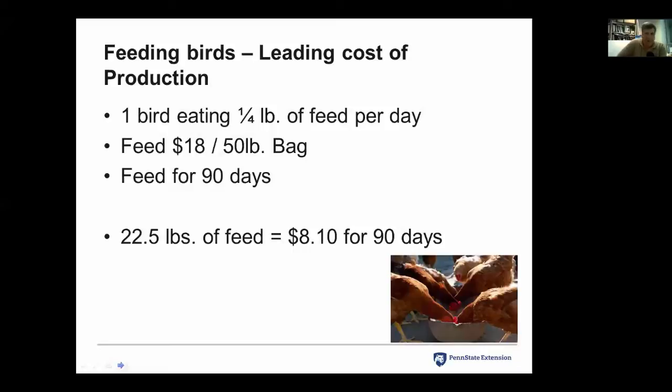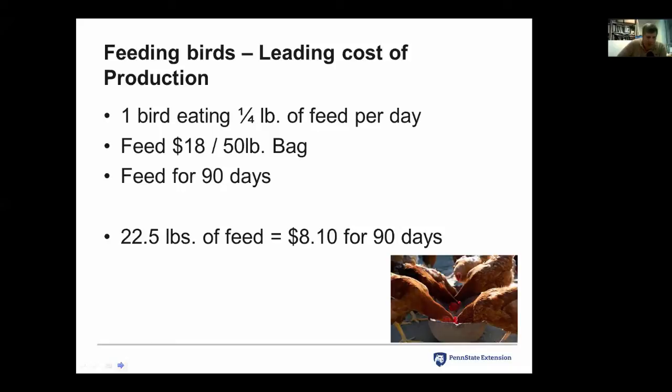So to put some dollars and cents to this too, what if I had birds that weren't laying eggs? They were continuing to eat fine, they were mobile, they're walking around, but for some reason or another they went broody and they're not laying any eggs at all. This could be a flock at peak production too, and we're having birds that have stopped laying eggs.